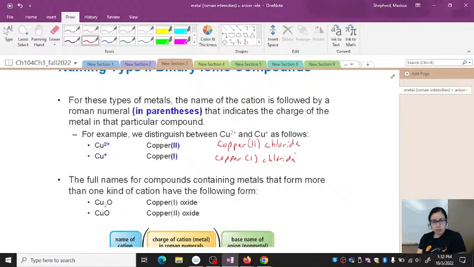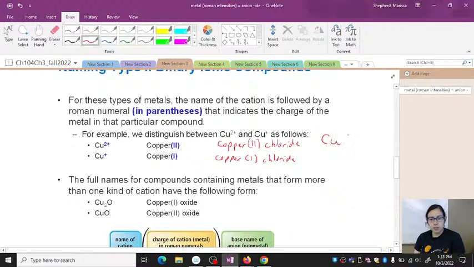You can do your little swap trick too. So what's the formula for copper(II) chloride?